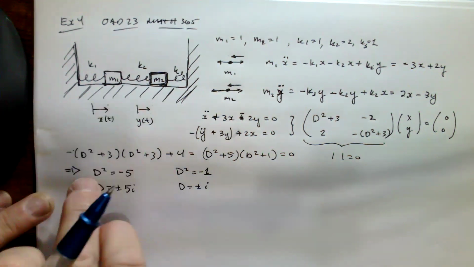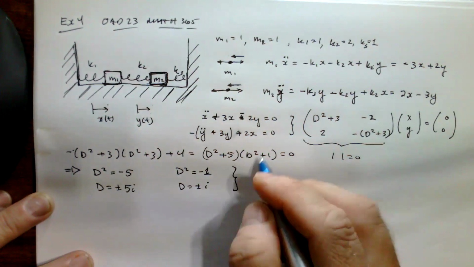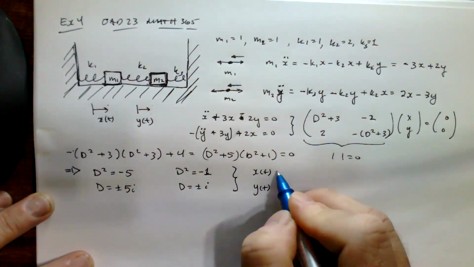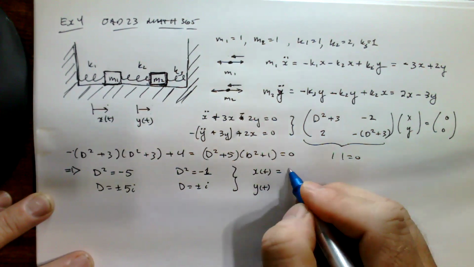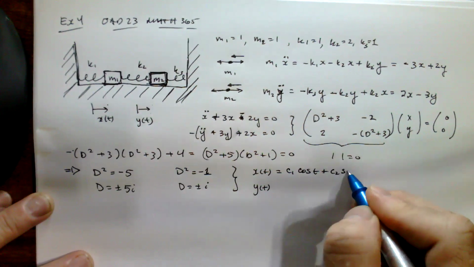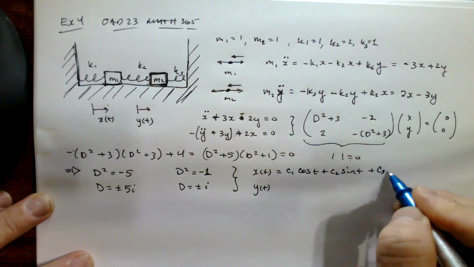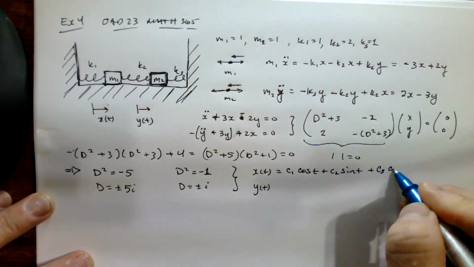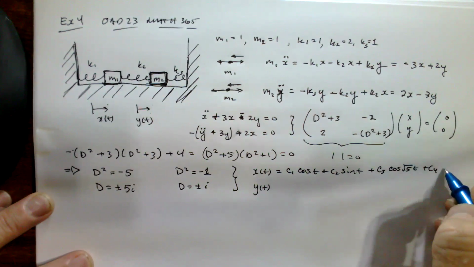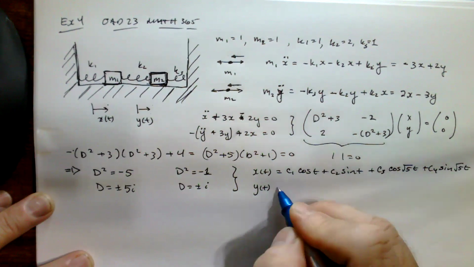So what does that mean for our system of equations then? That tells us that x of t and y of t are going to equal c1 cosine t plus c2 sine t plus c3 cosine square root of 5t plus c4 sine square root of 5t.